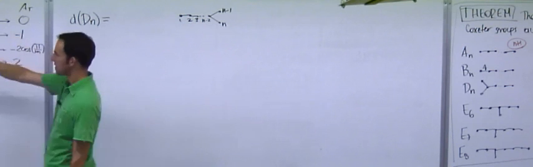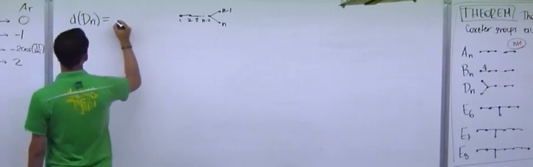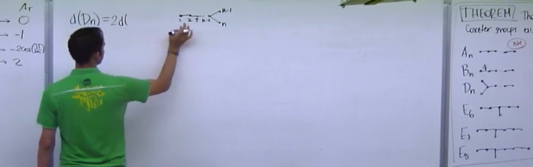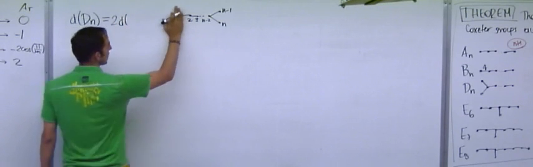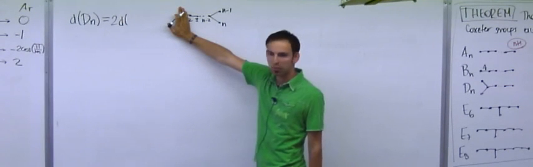So what happens when I apply this formula? Well, all I have to do is take 2 times d of what I get when I chop off the first guy. So if I cover this up, what diagram do I get? Well, I get exactly D n minus 1.